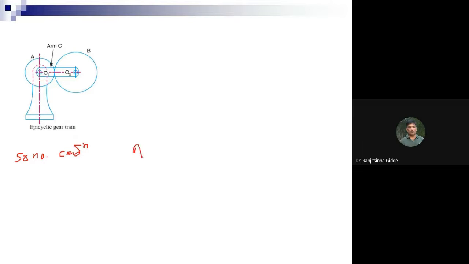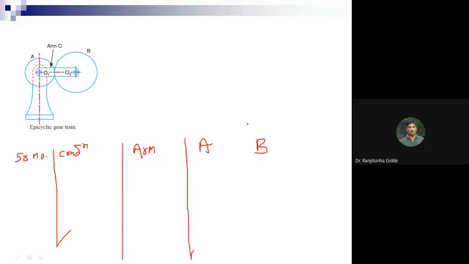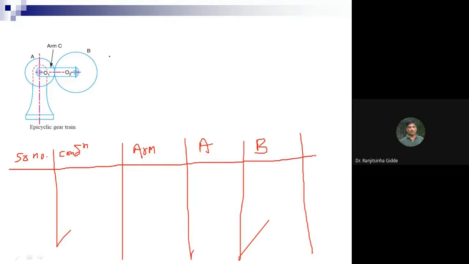Here arm, gear A and gear B. फर्स्ट स्टेप बघूया आपण फक्त. ओके. हा, आर्म सी इज फिक्स्ड.